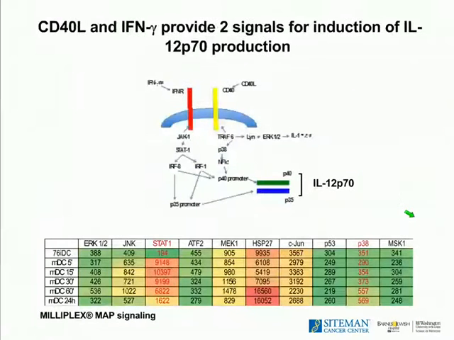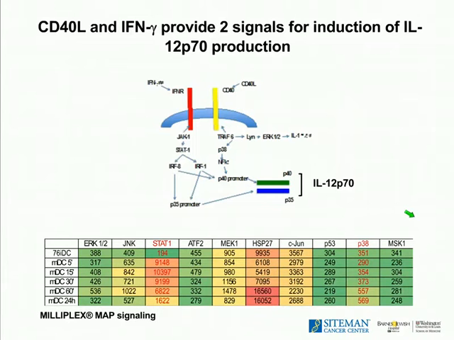So we went and wanted to look even deeper inside the cell as to what might be defective, whether it is interferon gamma signaling or CD40 signaling. And I'm just showing you here a scheme of how these two receptor and cytokine signal into the cell.